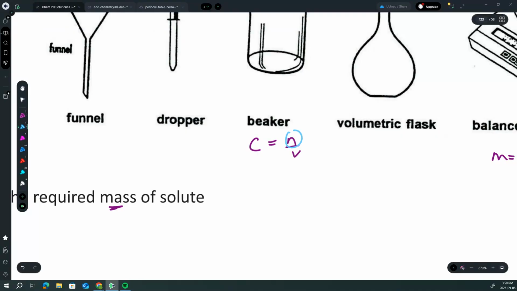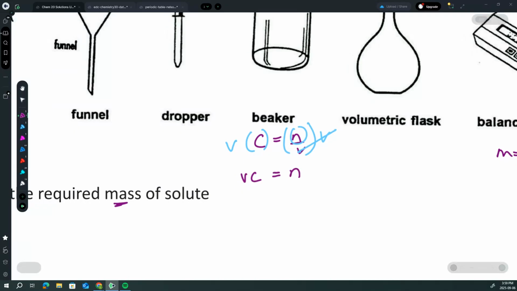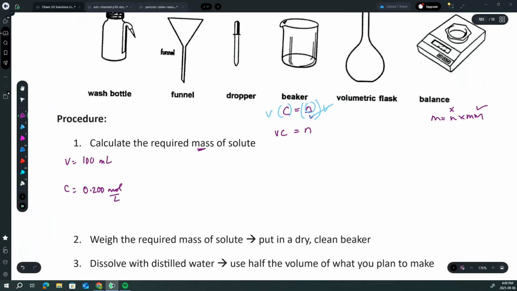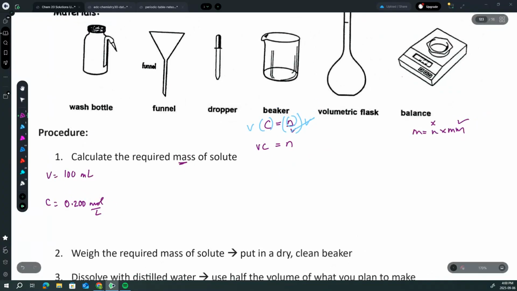If we isolate for moles by multiplying both sides by volume, we get volume multiplied by concentration is equal to moles. So we use this formula first to figure out moles, then plug the value for moles into our mass formula.